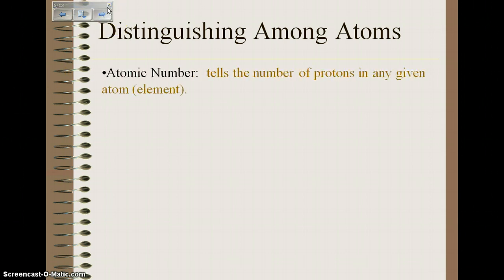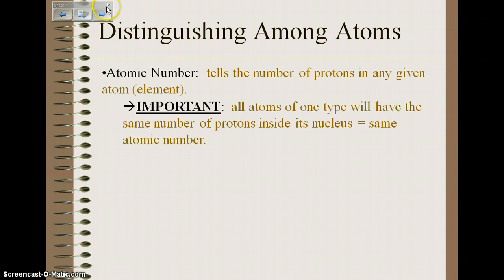Distinguishing amongst atoms. The atomic number tells the number of protons in any given atom. Important: all atoms of one type will have the same number of protons inside their nucleus, and they will also have the same atomic number. Therefore, all gold atoms have 79 protons in them.